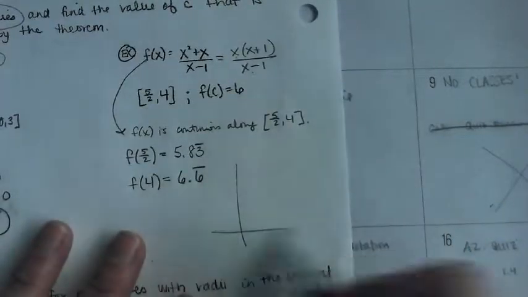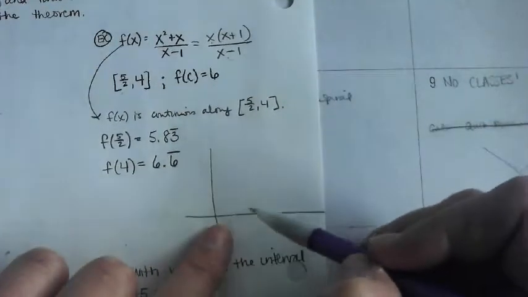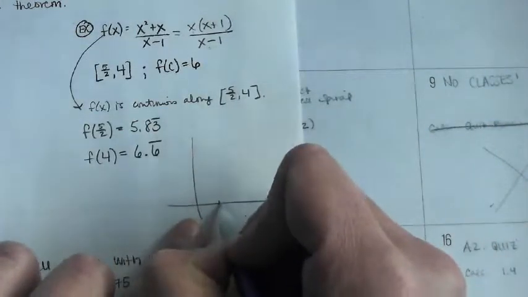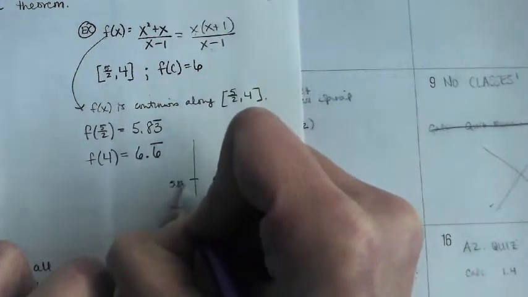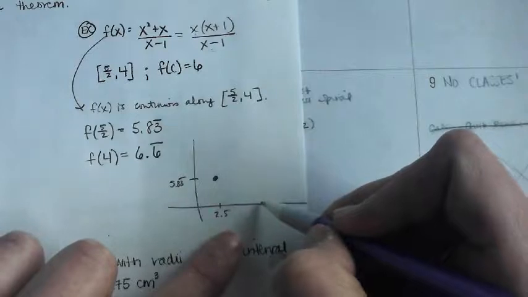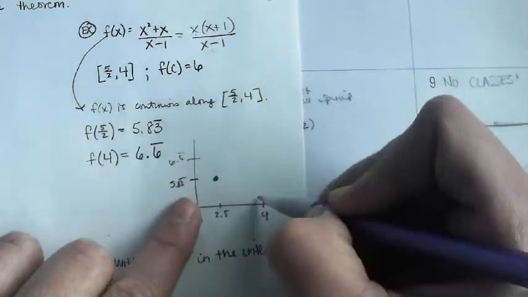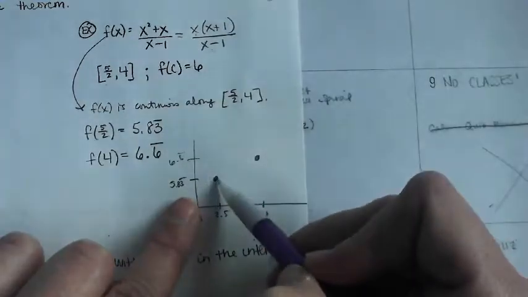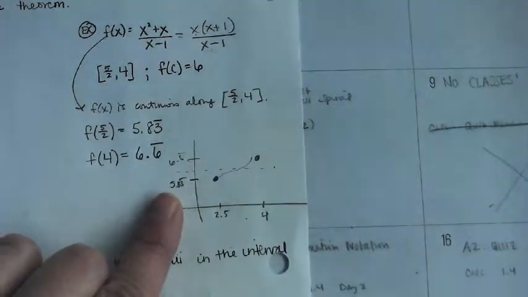As far as our graph is concerned, like kind of getting at our definition from the front side, 2.5 would be at 5.83. And then 4, when we plug it in, is going to be at 6.6. And we know it's continuous in between. So, of course, we have to cross 6 somewhere.